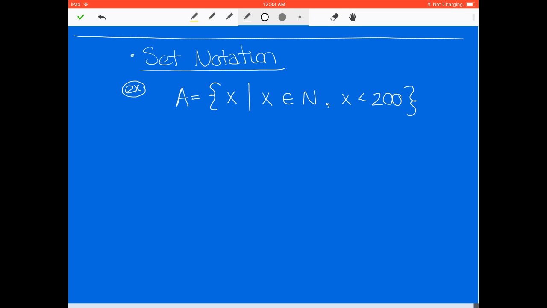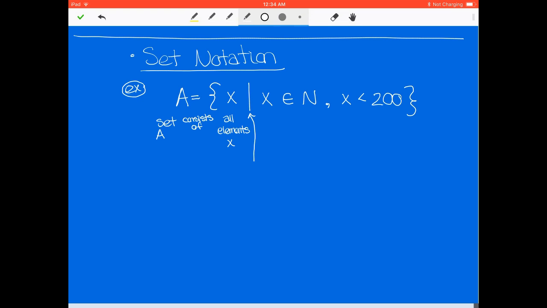So let's look at these. Out here, we have the curly brackets. That's signifying that this is a set. Set A. Set A consists of what? So we would say set A consists of all elements x.